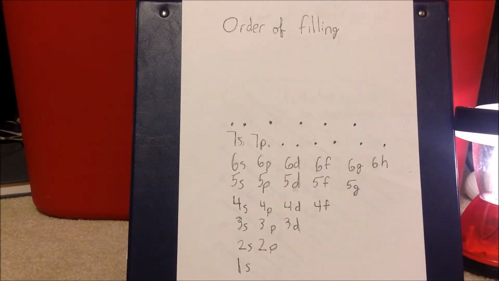What you're seeing here is the order in which electrons are filled. It's based partly on the distance of energy of an individual orbital, and you'll notice some key factors. For every time you go up an energy level, you seem to add an orbital.